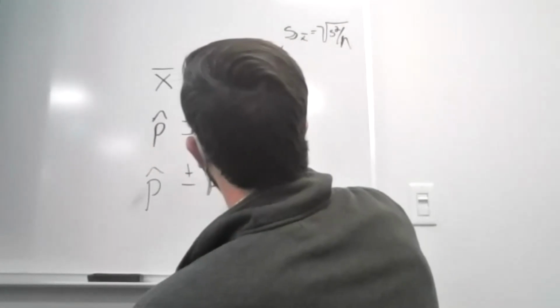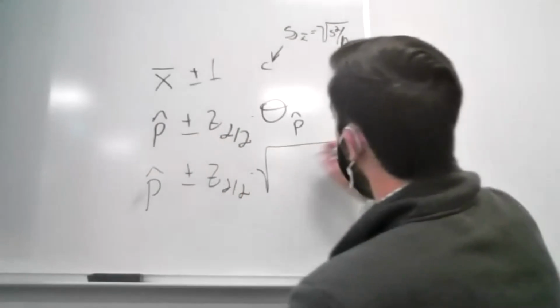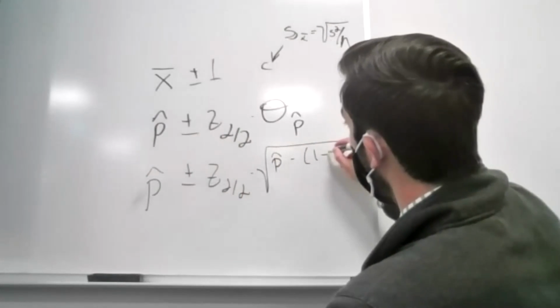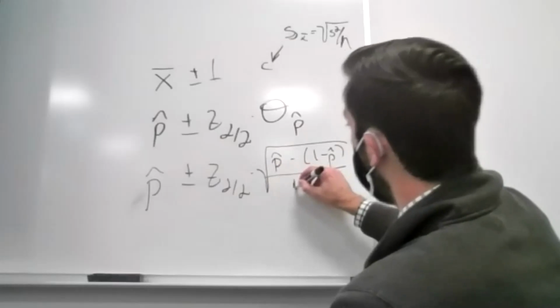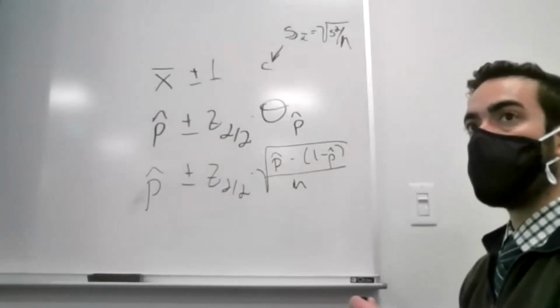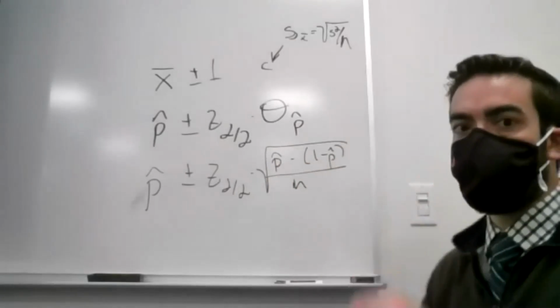But we knew that the equation for that was the square root of p hat times 1 minus p hat over our sample size, or our sample proportion times 1 minus our sample proportion over our sample size.